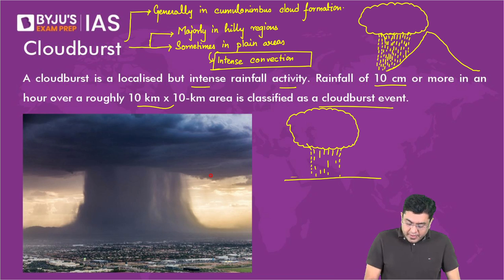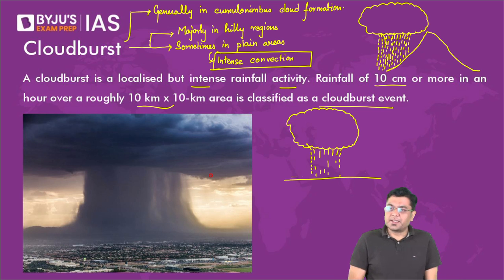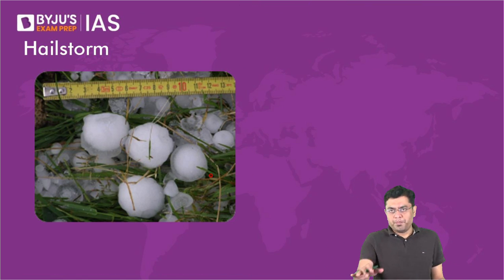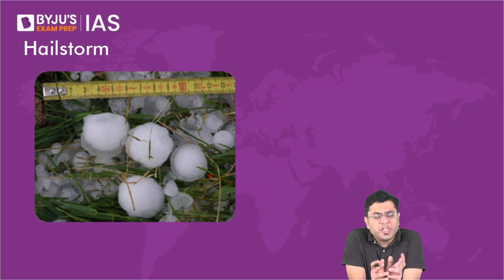Now, we have another kind of disaster, which we refer to as a hailstorm. As many of you were referring to it, many of us generally confuse hailstorm with snowfall. Snowfall is very different. Snowfall is when snow occurs in a region. In India, snowfall is received only in Jammu Kashmir, Ladakh, Himachal Pradesh, parts of Uttarakhand, parts of Sikkim, and Arunachal Pradesh.